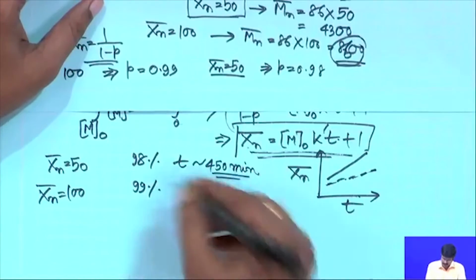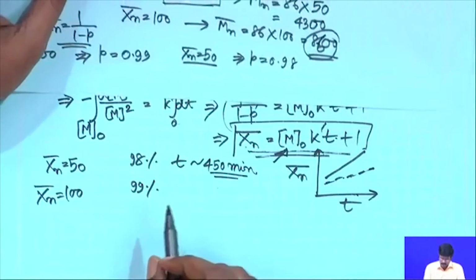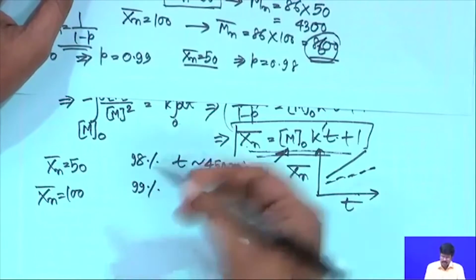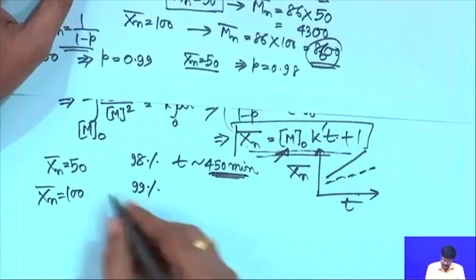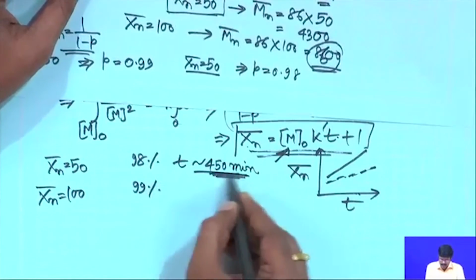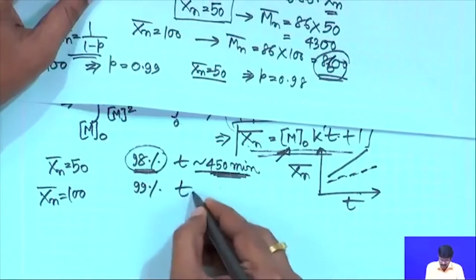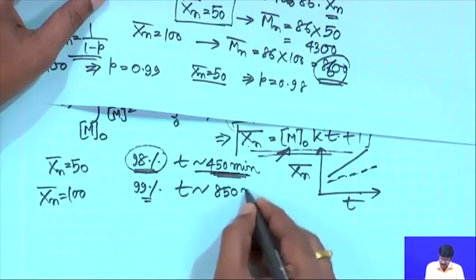As a matter of fact, you can put in this particular equation also, but if you look at the exact experiment that was done in order to derive this, it is not ethylene glycol, they used diethylene glycol in that case. So, the point is the time that it takes for 98% of the reaction to be completed, and the time that it takes for 99% of the reaction to be completed, it was 850 minutes.